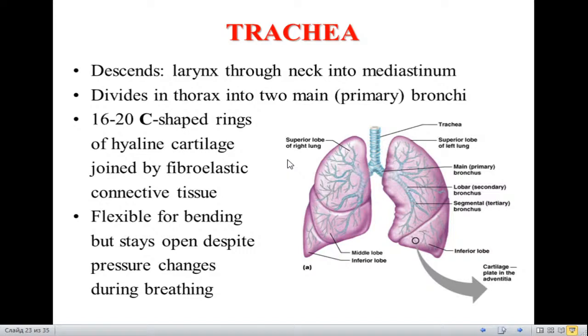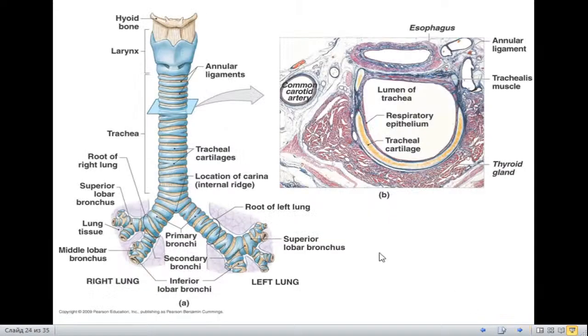The trachea is flexible for bending but stays open during breathing and even when you do not breathe. So here you can see the cross section, the C-shaped cartilage, and tracheal muscles and connective tissue in the posterior border of the trachea.